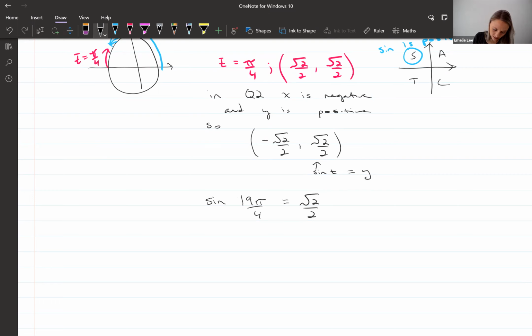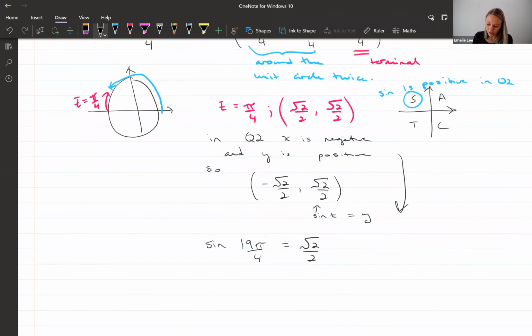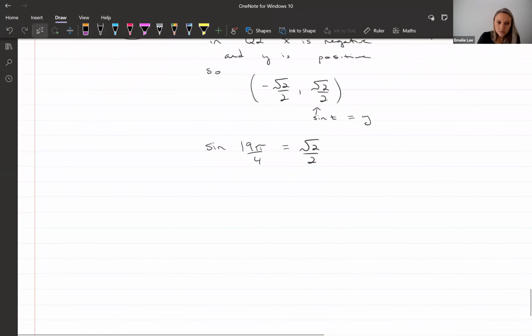Here I'm doing it kind of thoroughly, where I'm convincing myself that, okay, x is negative, y is positive, sine is y, and so I get a positive value. If you wanted to, you could just say, okay, well, I know I'm in Q2, so sine is positive, I'm just going to take the y. Kind of more useful for things like tangent and cotangent. Okay.